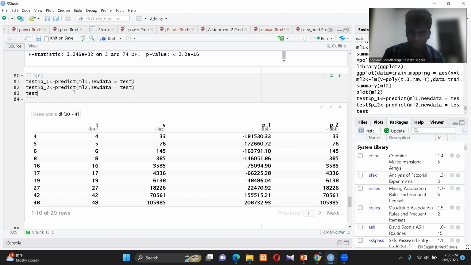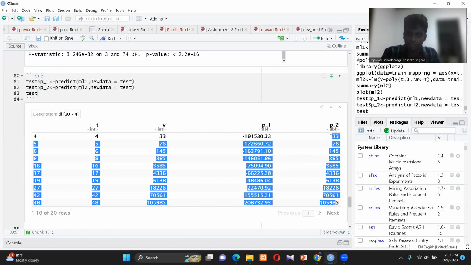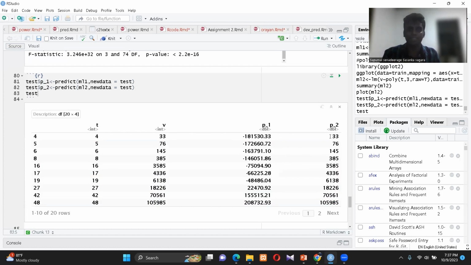Let's check this. Now you can see when we take a look at these two outputs, the predictions, when it is closer to this intercept, there is a large difference because of the inconsistency of the first model. Even when we compare these values, you can get an idea that this second prediction is fitted perfectly.